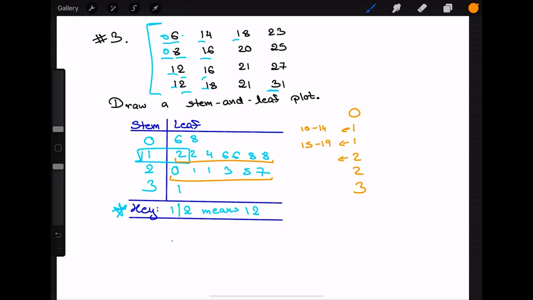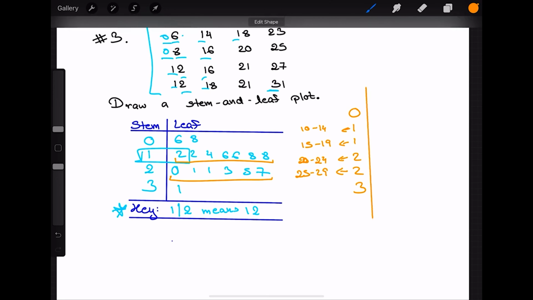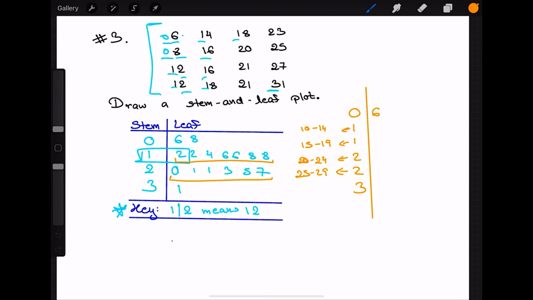Similar for the 2, so the first 2 can consist of 20 to 24, while the second 2 can consist of 25 to 29. So let's transfer all the values onto this one. So 0, you have 6, 8 still, because you do not have 2 separate sides, for example 0 to 5 or 5 to 6.